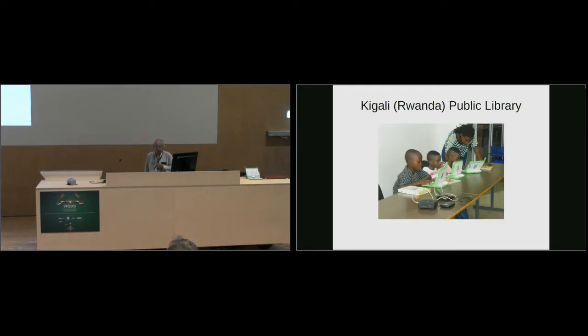Here's an example. This is actually the Kigali Public Library. Kigali is the capital of Rwanda. The Kigali Public Library is literally the only public library in the country. The black box there is the school server, typical style NUC device.